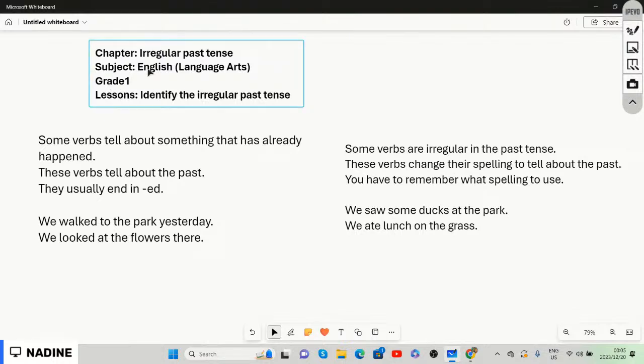So we're doing the chapter of irregular past tense. Our subject is English, which is language arts, grade 1. And the lesson that we're going to be focusing on under this chapter is to identify the irregular past tense.